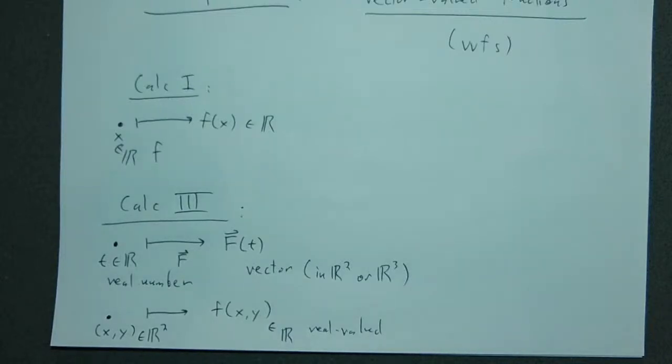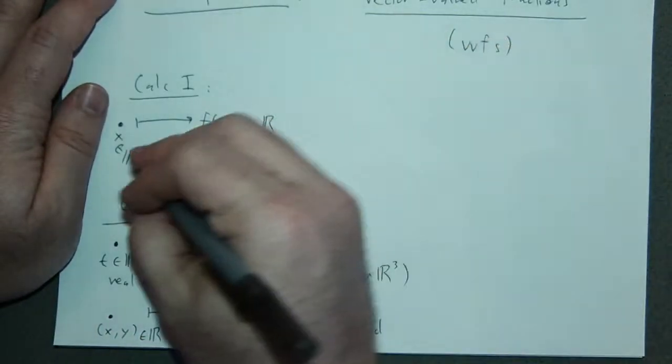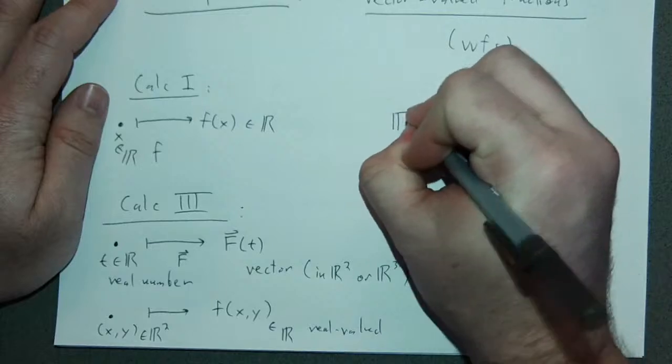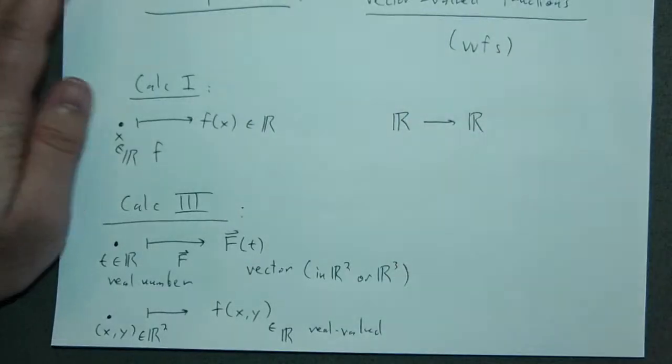This is going to be what we spend most of the course talking about. If we're writing this using fancy math notation, in Calc 1 world, we have real valued functions of a single variable going from R to R, right?